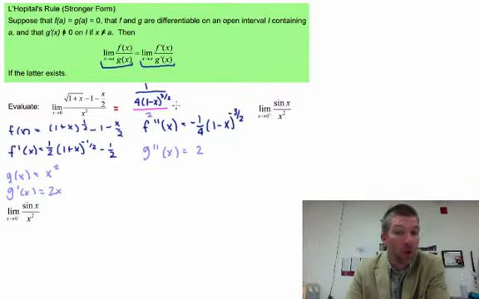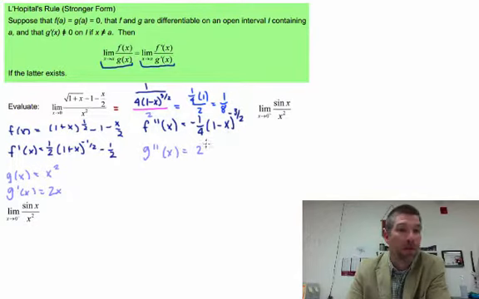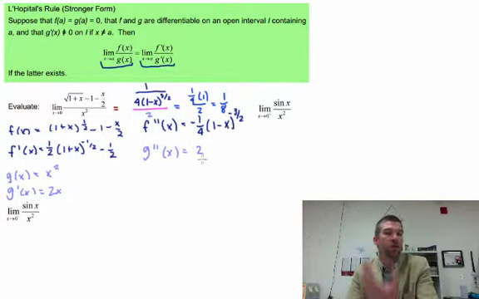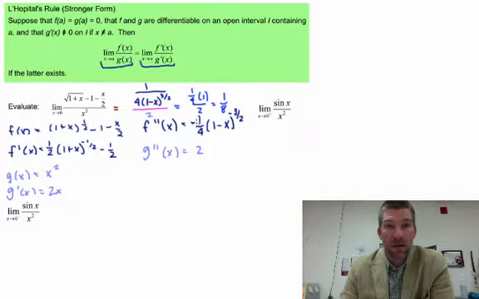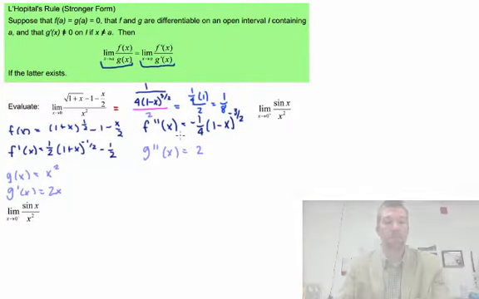Well, that's just 1 to the 3/2 power. So that's 1/4 times 1, divided by 2, which is 1/8. So we had to take the derivative 2 times in this case, and that's not necessarily bad. It allowed us to find a way to get the limit by using derivatives. And so this is a little bit of a stronger version of L'Hopital's Rule.